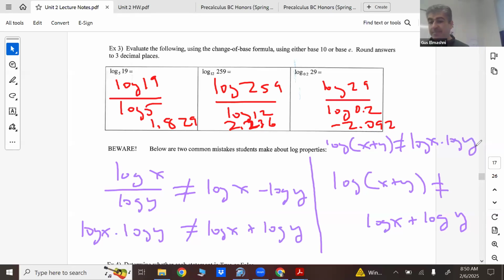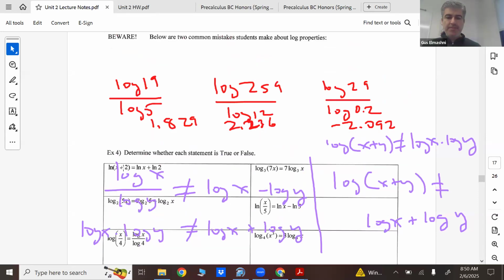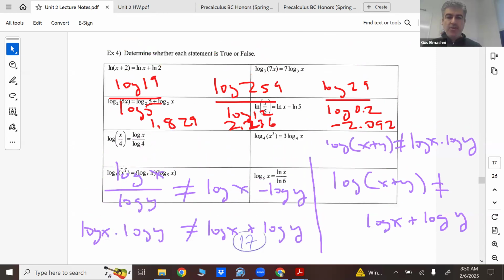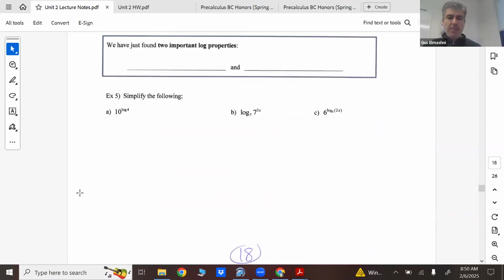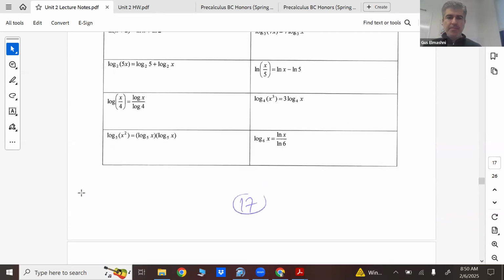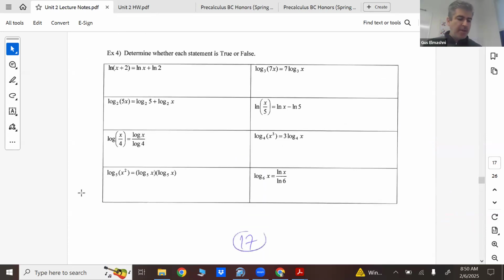That's not a thing either. So just make sure we keep all the properties straight. Okay, good. All right, let's keep moving. Once you try these true and false problems, this is really good, then we'll move on to the last page and we'll be done. So I just want to take a couple of minutes here.